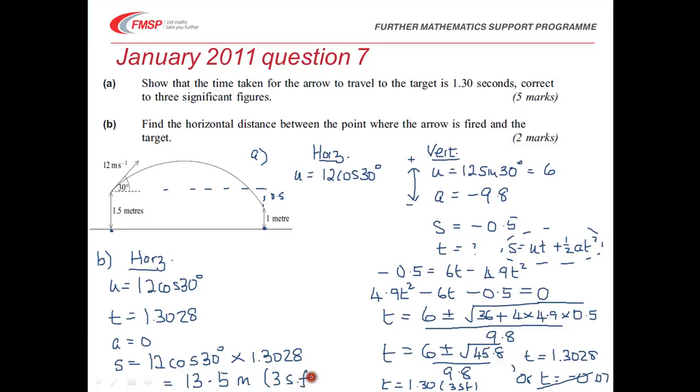Again, we give our answers, as we always should, to three significant figures. Effectively, we are just taking this answer for our time and moving it over here to use in our horizontal motion.